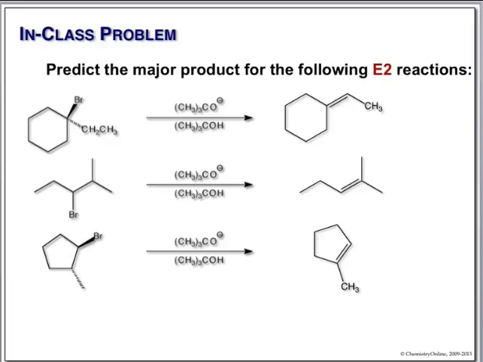Sorry, I drew the wrong product. But the reason is, this hydrogen, again, is cis to this bromine. That doesn't work. They have to be trans. Only trans hydrogen you can get is up here at this point. So change your double bond up to this position.